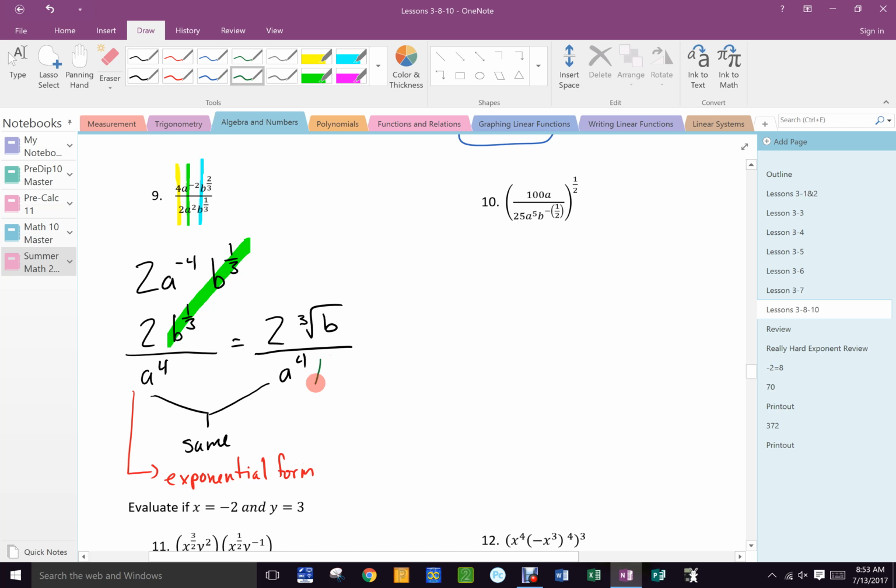And this guy is radical form. How do you know which one I want? Where will you find that out? In the question. What if it doesn't say? Then it's either one. Everybody got it?